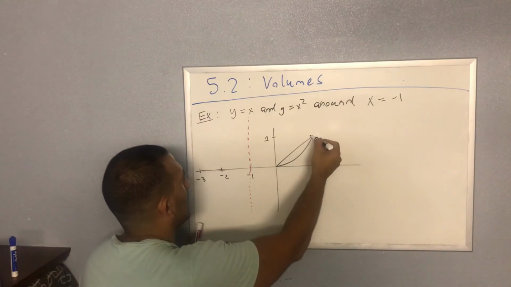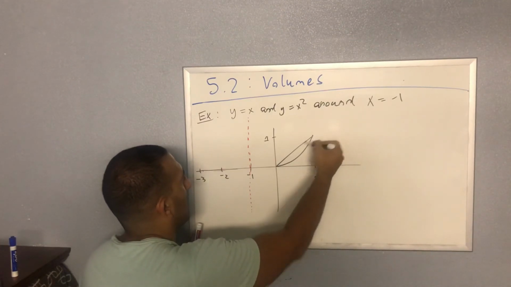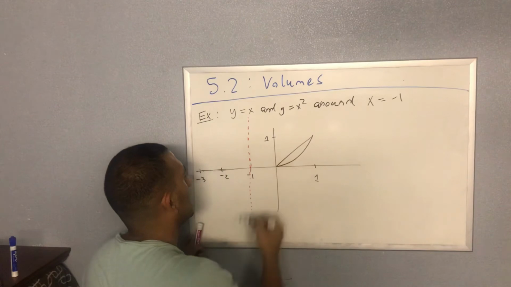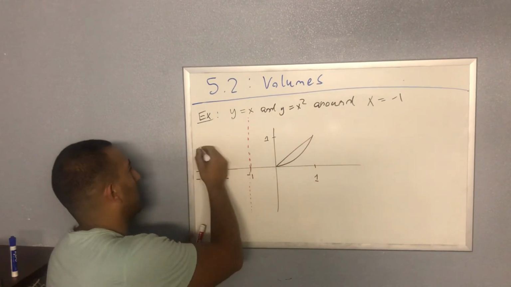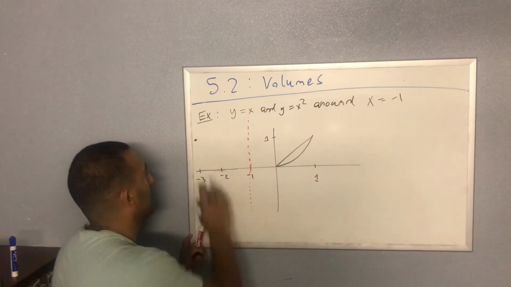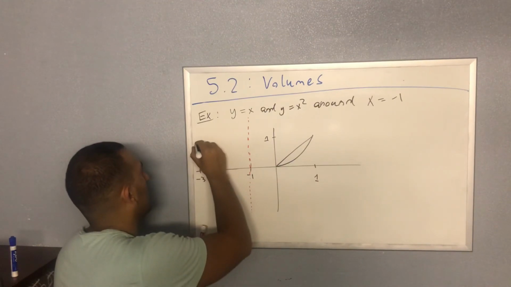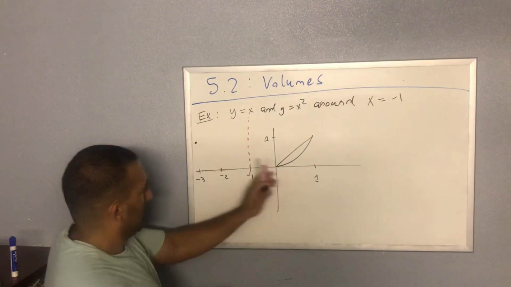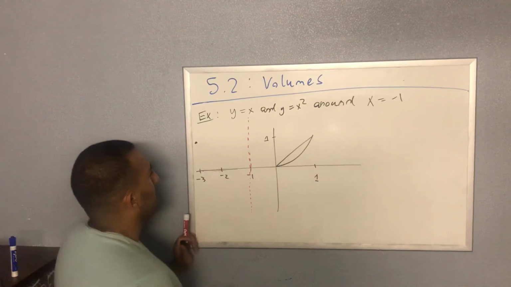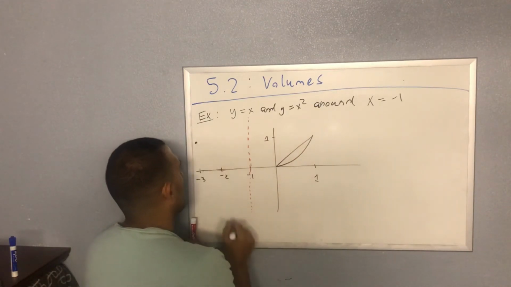And this guy is 2 units away, right? Because it's at 1 to the right, so it's 2 units away. So it has to be 2 units away from this, so here. Same height though, but different x coordinate. So you flip this around this guy.